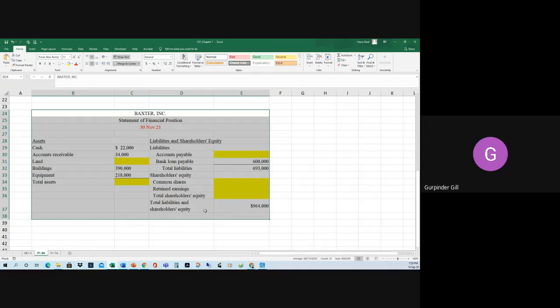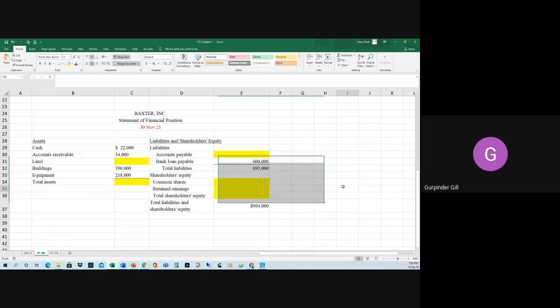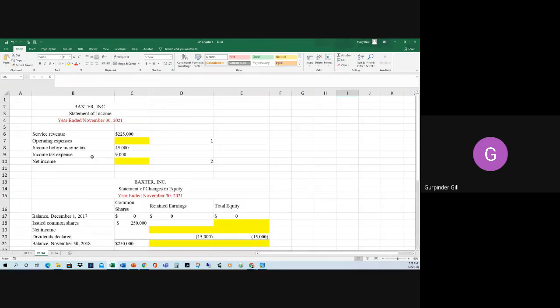Okay, so let's look at the missing information. For the 12-month period, this company has earned service revenue of $225,000. There must have been some operating expenses, something that you incur to support your revenue. We don't know how much that was, but we know that our income before income tax was 45,000.